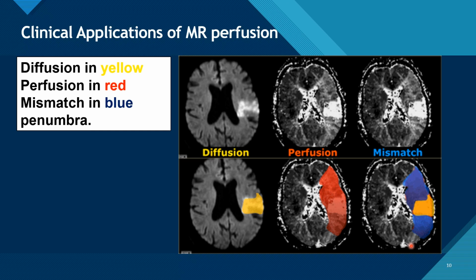And here we can easily demonstrate the area of mismatch by separating or subtracting the red area from the yellow area, which is represented here as a blue area. So here we have a large tissue penumbra. This means that we need to rapidly manage this patient with anticoagulants in order to reverse the ischemic effects of the large tissue penumbra.